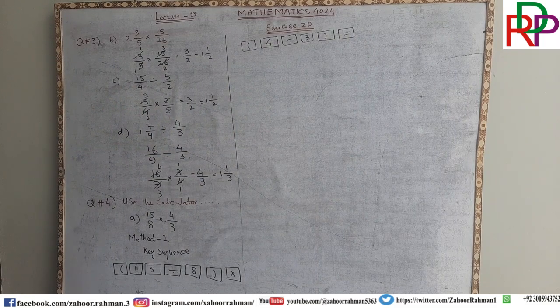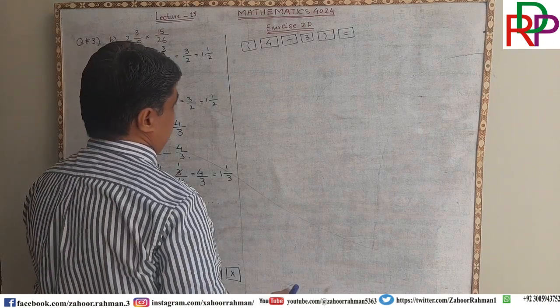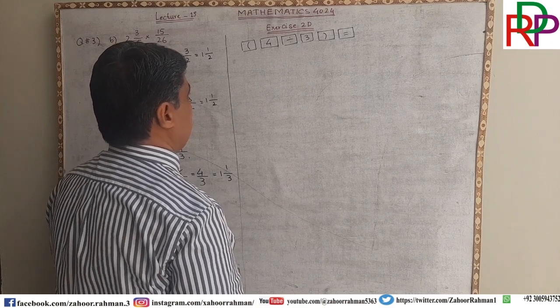So you will get the answer, and that is 3 over 2, which is equal to 1 whole 1 over 2.